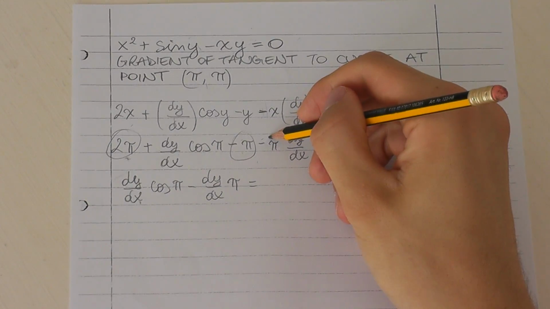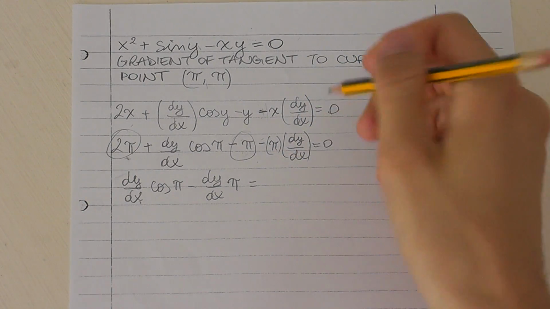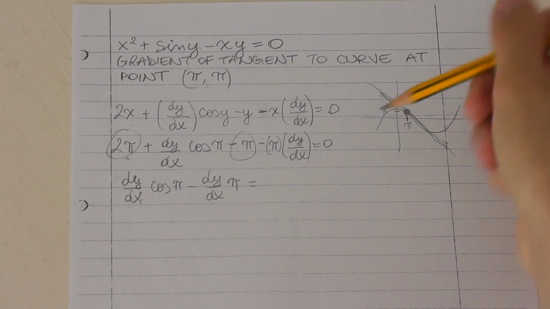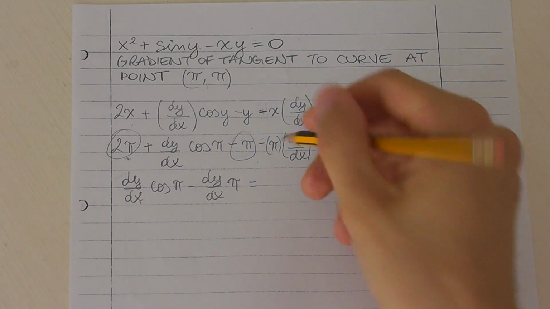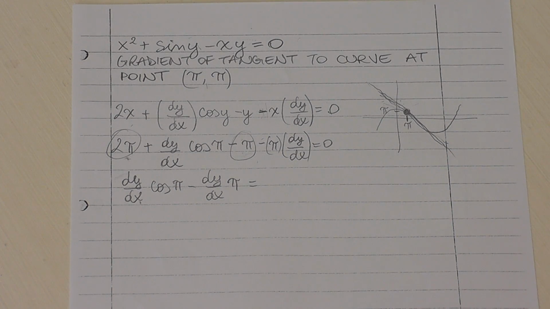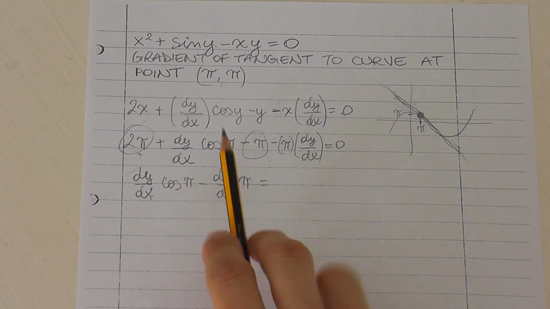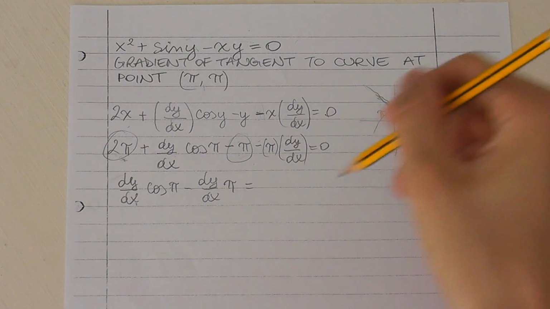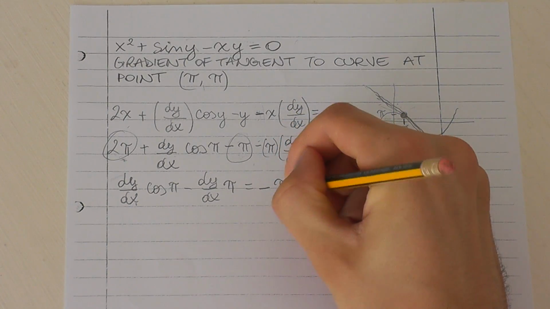Don't get confused, this is being multiplied. And when you swing that over to the other side you get minus pi.